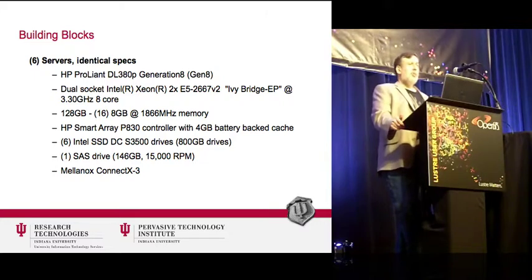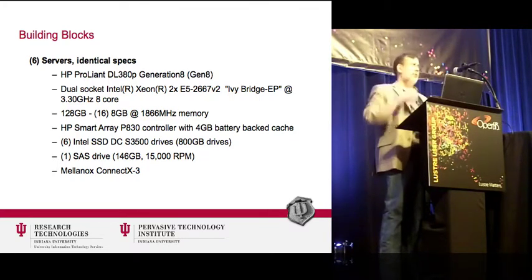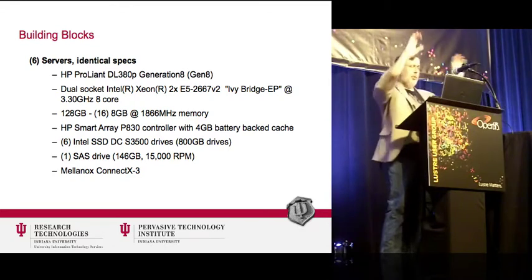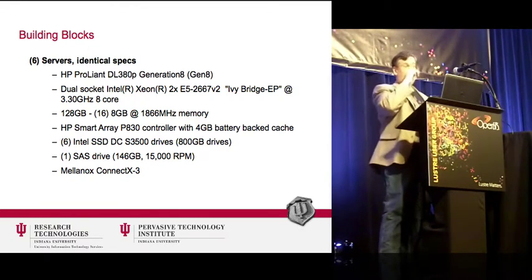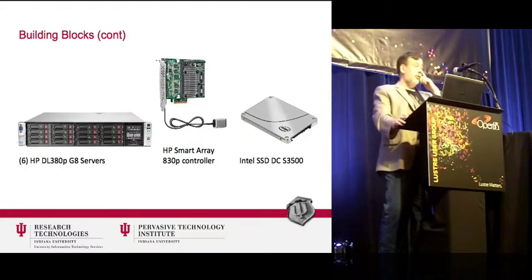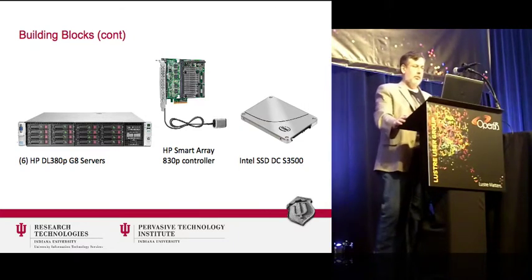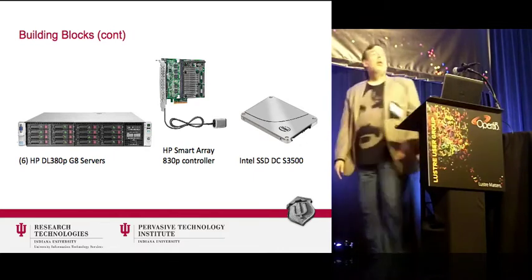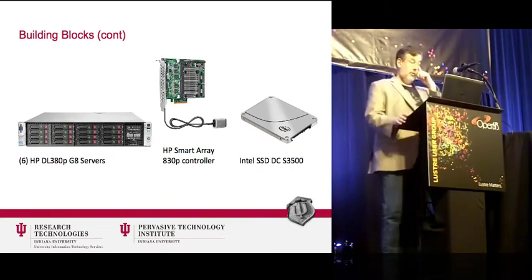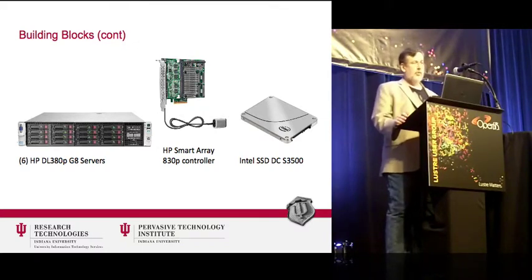So these are the boring statistics on the servers we used. We designed each one to be identical so that we could use them in different combinations of MDSs or OSSs, and we knew really kind of what we were getting. For those of us that can't read, here are the pretty pictures. The important I/O stuff is we took a Smart Array controller, plugged it into the left portion of the DL380, and each was populated with 6 Intel SSD drives.